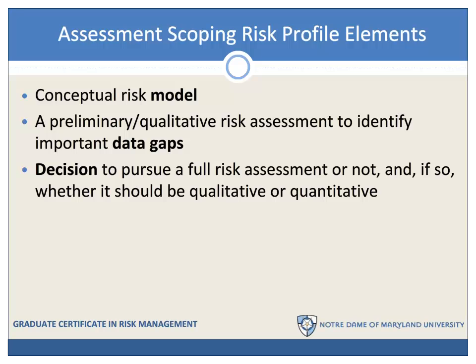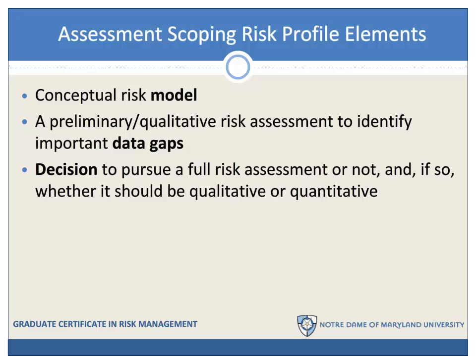There would be very often a preliminary or a qualitative risk assessment. So if you've got some data, you might actually do the first iteration of a risk assessment in a risk profile, and one reason for doing that is to identify important data gaps. Very often you will find that there is not enough information yet available to even complete a risk assessment.